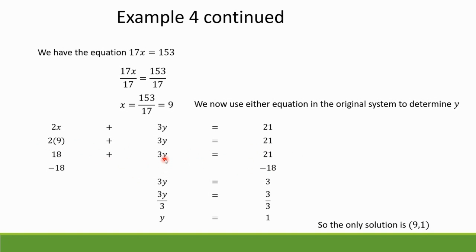We isolate by subtracting. 3y is 3. Divide both sides by 3. We get y is 1, and our answer is 9, 1. That ordered pair.